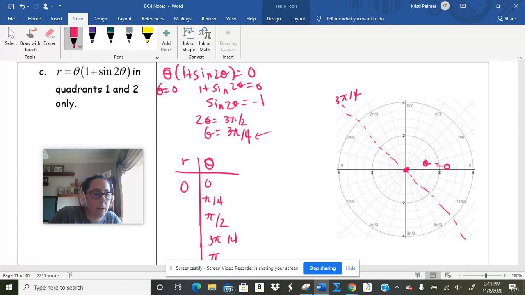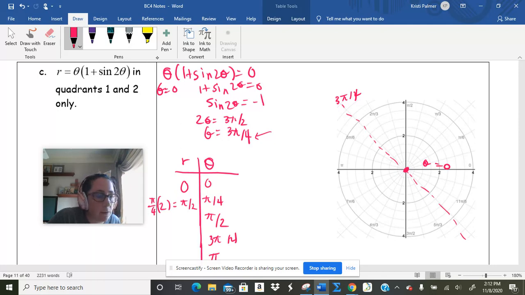And then plug in pi over 4. So pi over 4 times 1 plus sine of pi over 2, which is 1, so 2. So I get out pi over 2. Is that right?